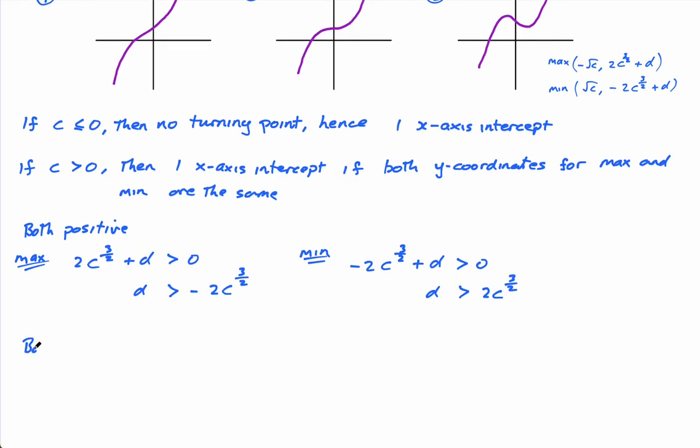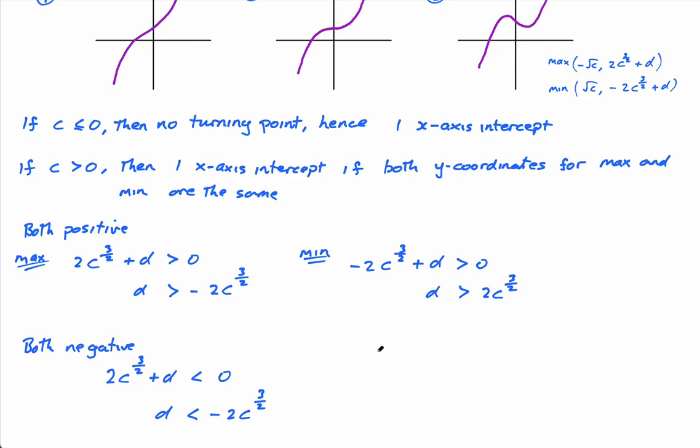Both negative, then let's just do the max has to be less than 0. So my max is 2c to the 3 over 2 plus d has to be less than 0, which means d has to be less than negative 2c to the 3 over 2.